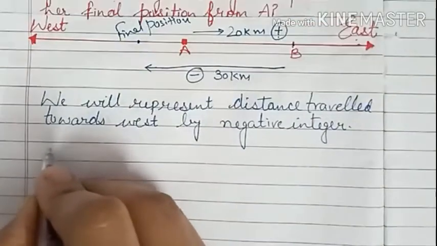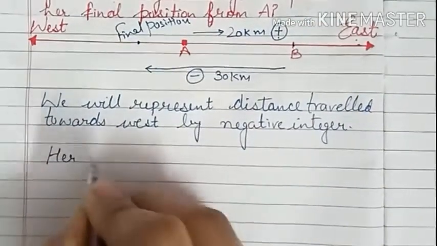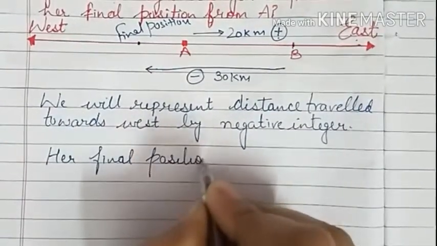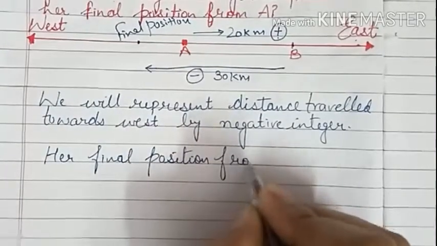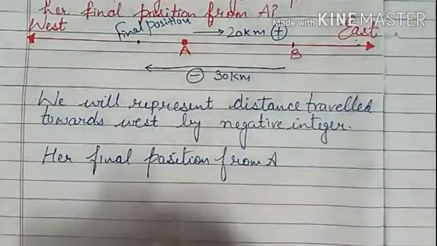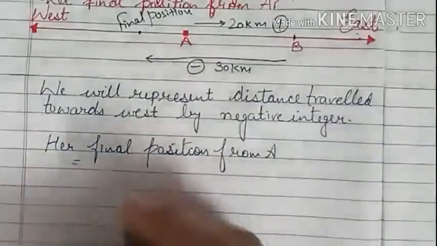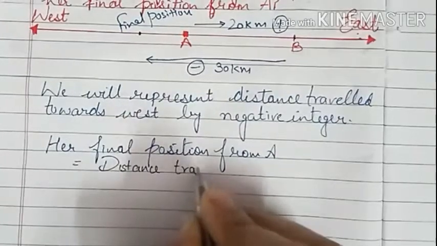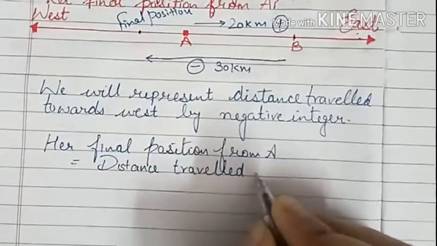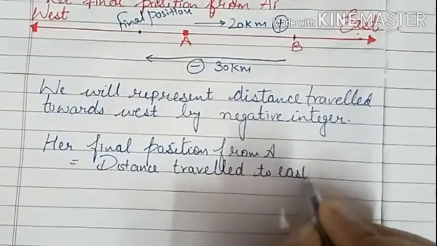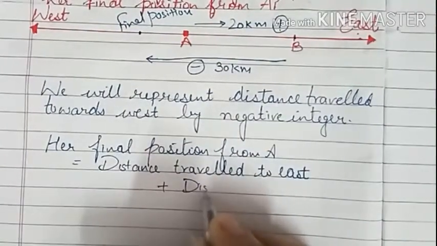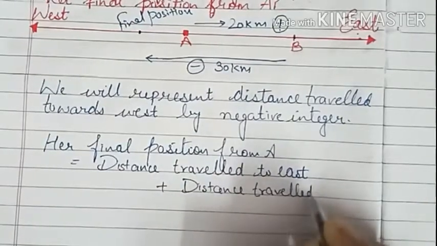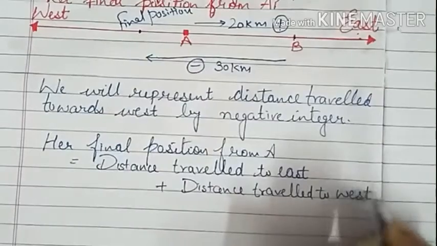For that we will write her final position from A is equal to distance traveled to east direction plus distance traveled to west direction.